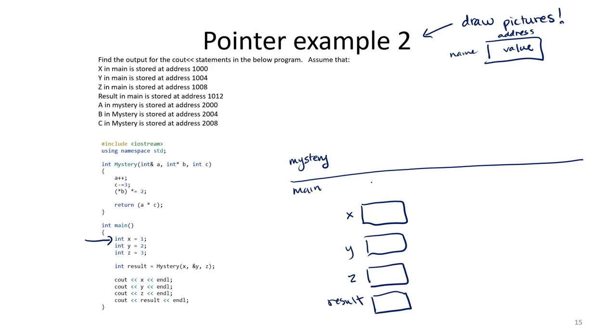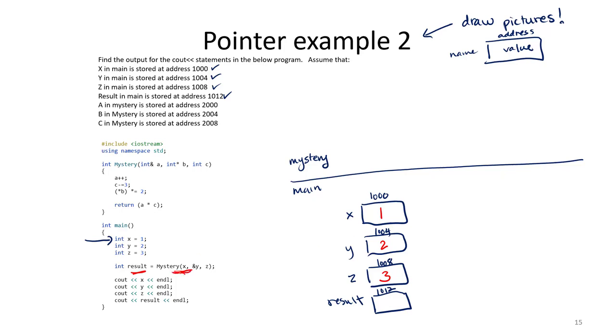We are also given memory addresses, so we have address 1000 for x, 1004 for y, and 1008 for z. Result is at 1012. So I'm just updating the names and addresses based on what we're given. We're also told x initially is set to 1, y is 2, z is 3. The value of result will be whatever is returned when we call the mystery function.